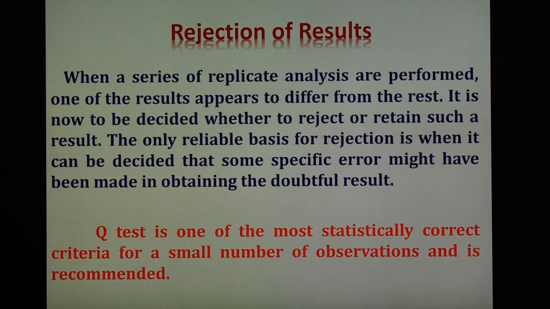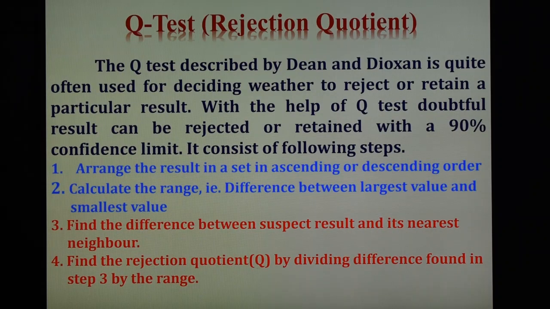Now we are going to see the Q test, called the rejection quotient. This Q test was given by the scientists Dean and Dixon, and it is applied to measurements where a doubtful value is to be rejected or retained.